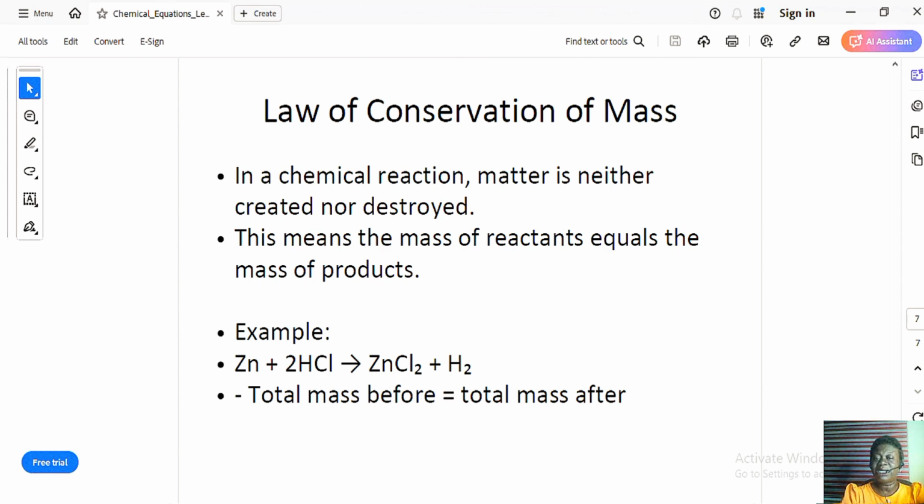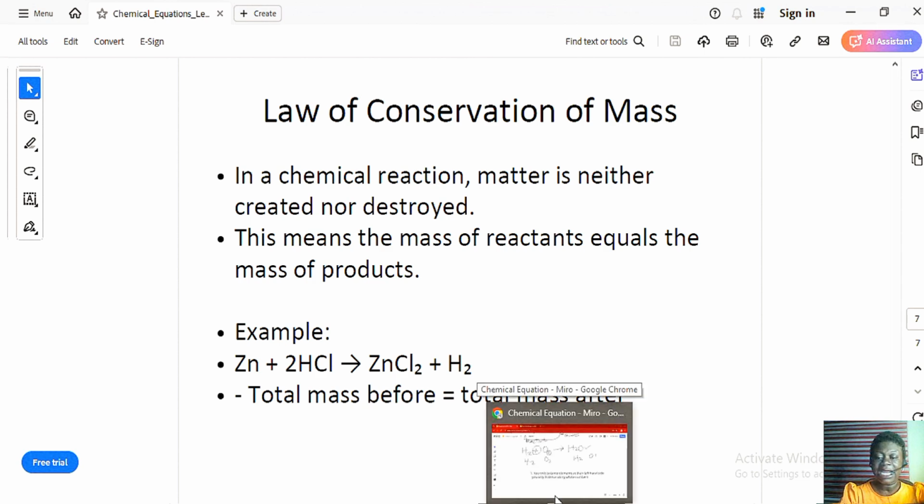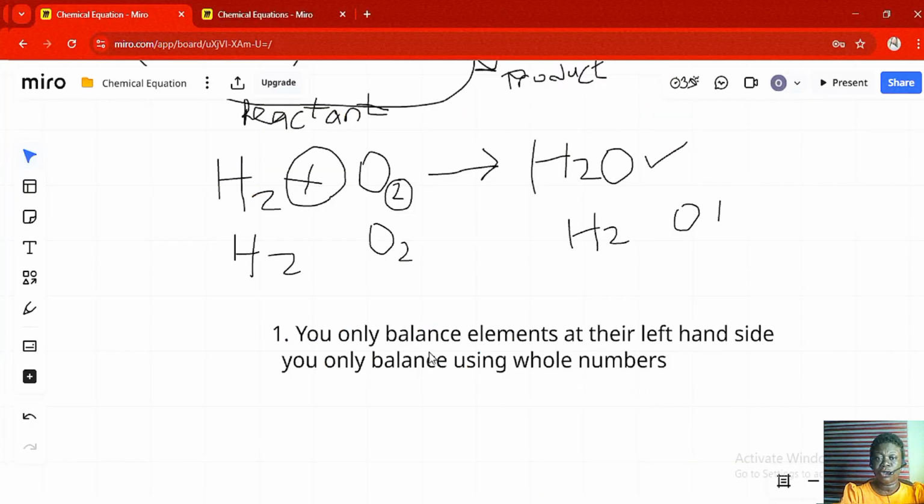So what this means is that the mass of the reactants must be equal to the mass of the products. For a chemical reaction to be balanced, it must obey the law of conservation of mass. So the left-hand side must be equal to the right-hand side.